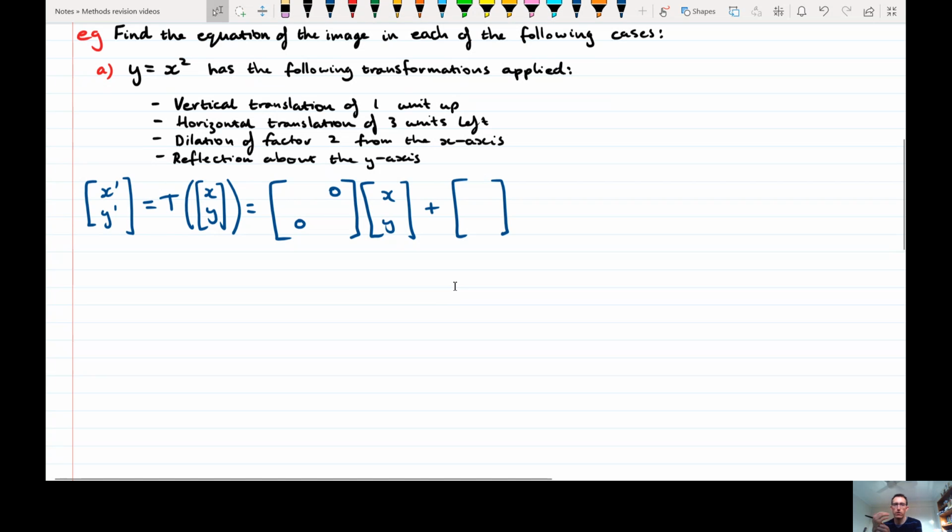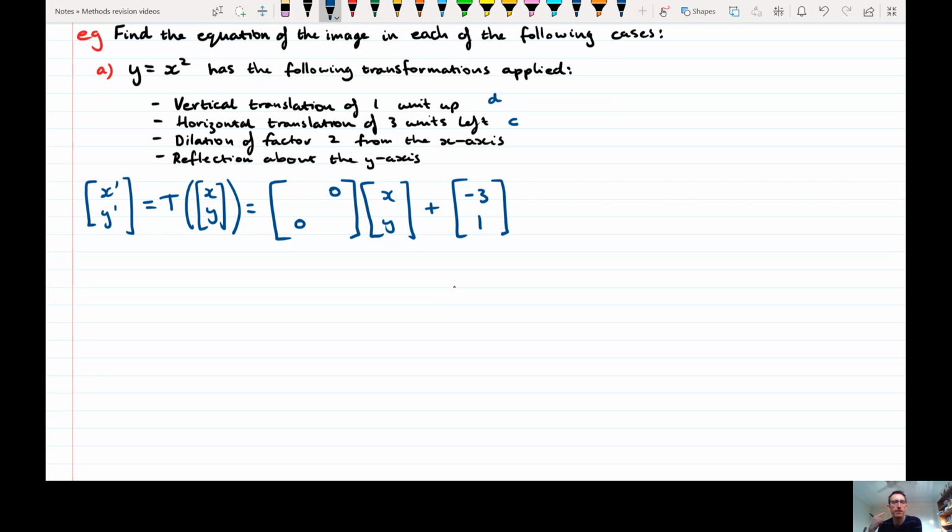But of course, we have to be careful of any kind of BODMAS going on in order. So let's look carefully here. The first thing that's happening is a translation of 1 unit up. So that means this D value from before is +1. The second thing is a translation of 3 units left. So our C value will be -3.